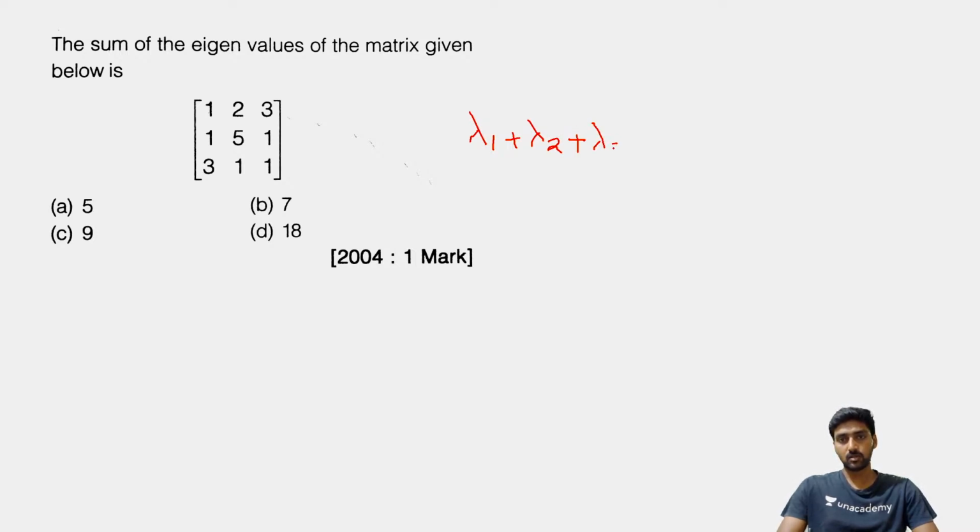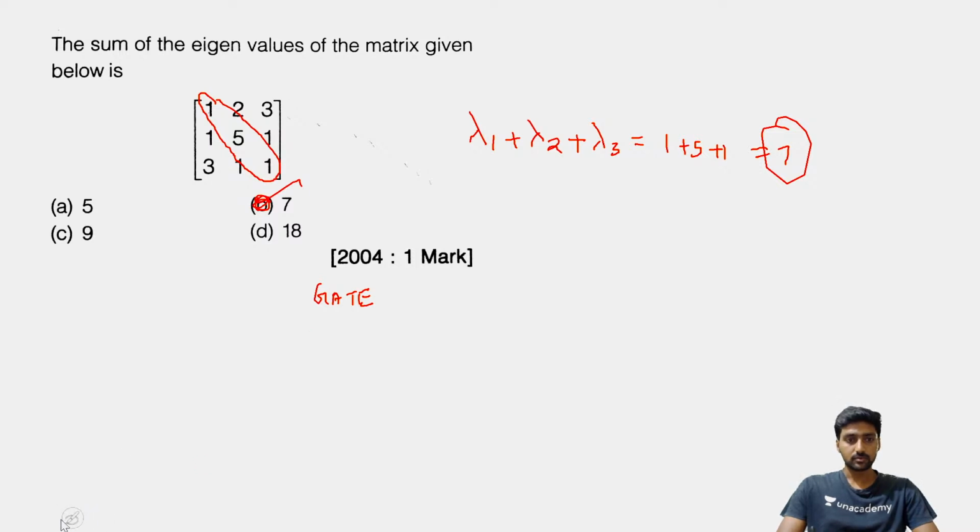Lambda 1 plus lambda 2 plus lambda 3 is equal to the sum of the main diagonal elements, that is the trace of the matrix, 1 plus 5 plus 1, equal to 7. It's a mechanical engineering GATE 2004 question. It's option B, right? Very good.